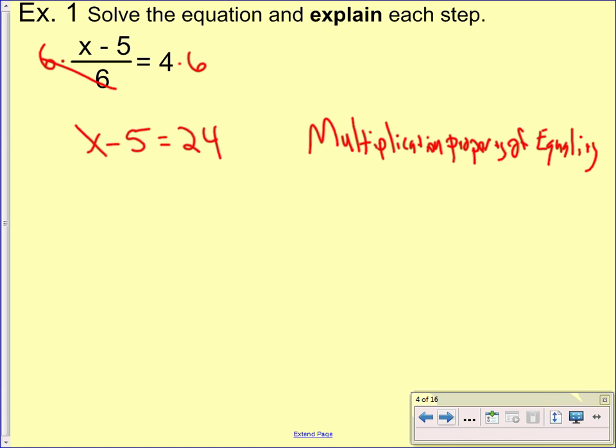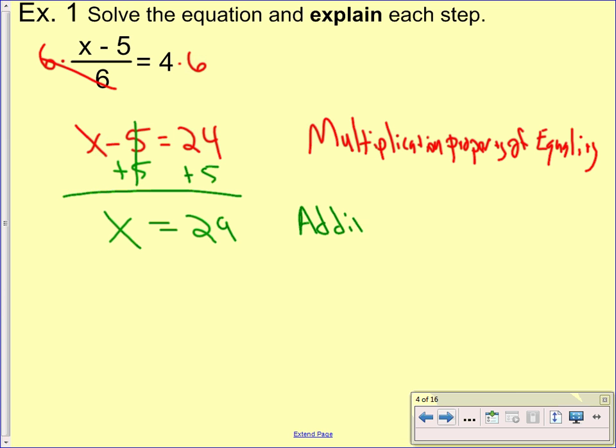Second, I want to undo the subtraction by adding 5 to both sides. I get x equals 29, and I justify x equaling 29 with the addition property of equality.